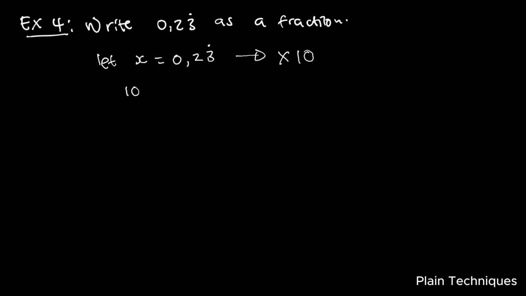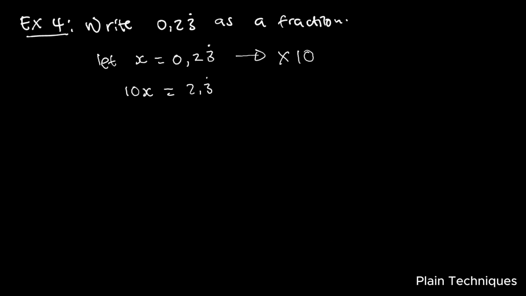So this will be 10x and then 2.3 with a dot on the other side. Now this I can call my equation 1.